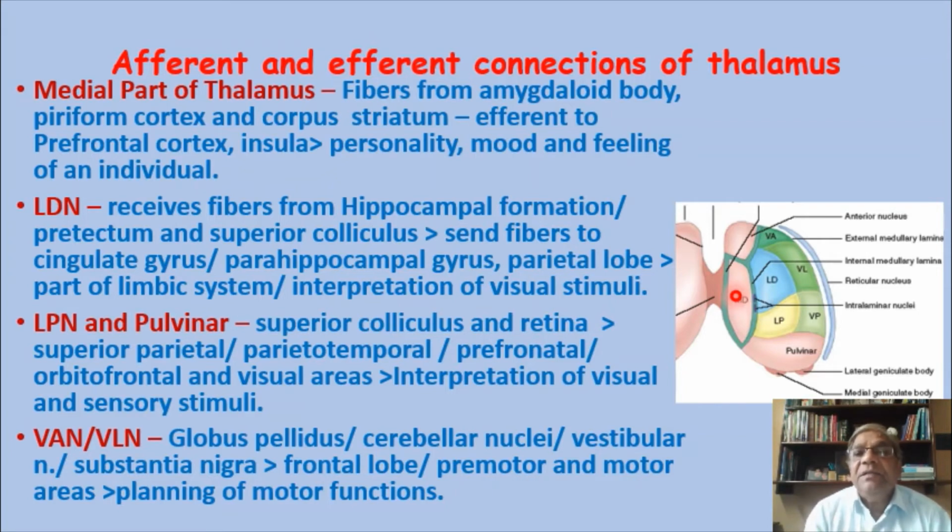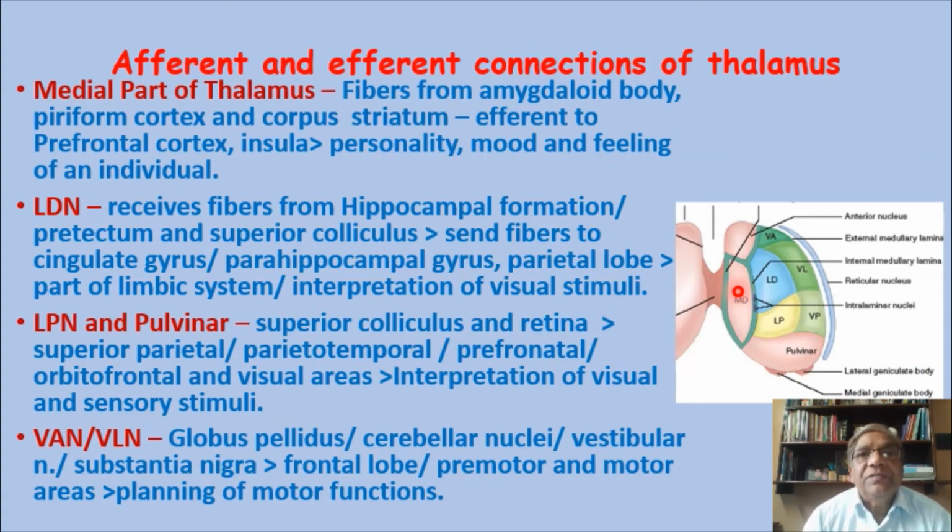After relaying in this medial nucleus, or medial part of the thalamic nucleus, efferents go to the prefrontal cortex. Prefrontal cortex means in front of area number 6. They will go to the frontal lobe, in the prefrontal cortex.